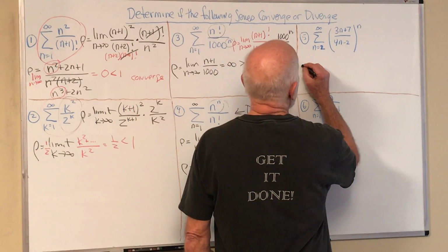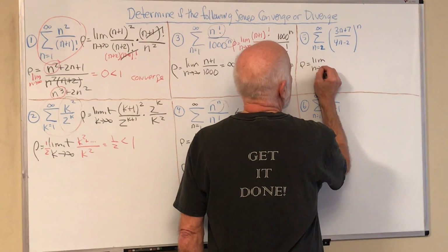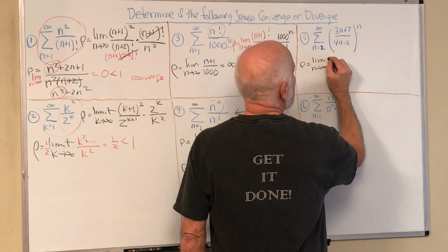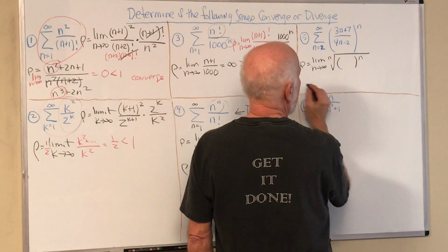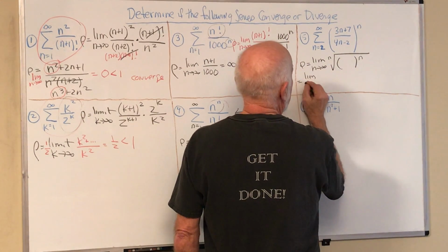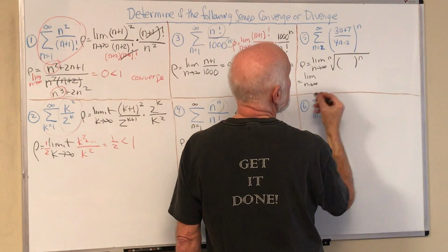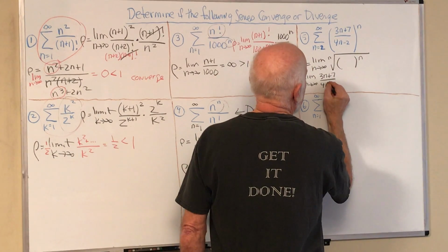So what we're going to do is say rho equals the limit as n approaches infinity of the nth root of this to the nth power. Well, that's just going to wipe out the powers, and you're just going to get (3n plus 7) over (4n minus 2).